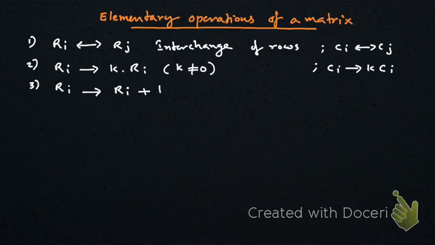The next operation is Ri changes to Ri plus a multiple of another row. So I could say R1 changes to R1 plus 2 times R3. To the first row, a multiple of another row can be added.